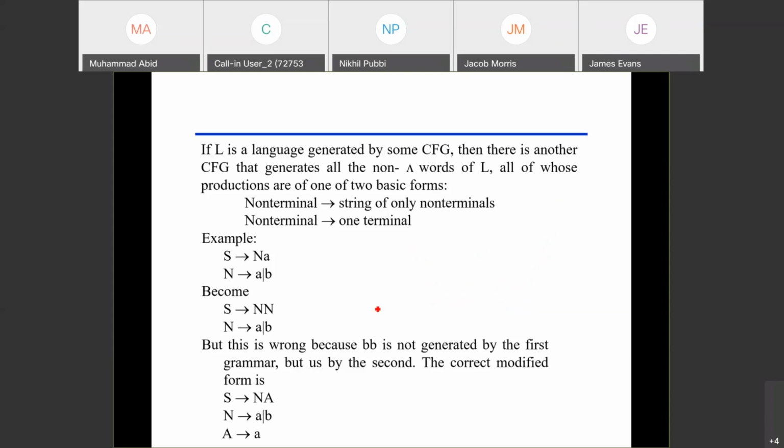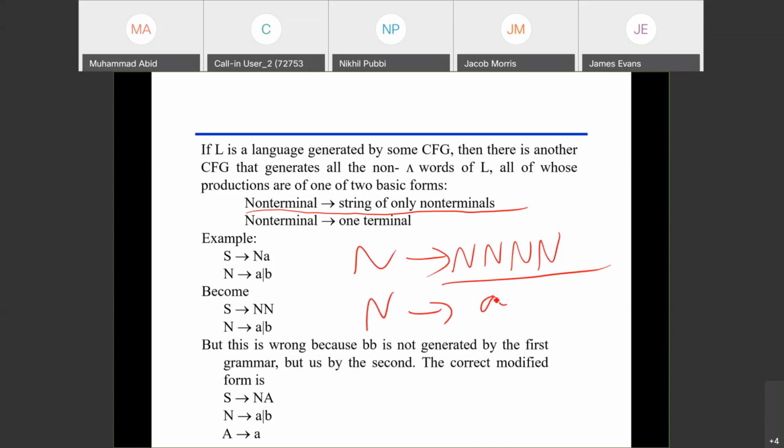So we want your language to have either a non-terminal and a string of only non-terminals, might be two, might be three, might be four. We have no problem with that, but just non-terminals, that's it. Not one, must be more than one, or exactly one terminal. Okay, this is what we want to do.